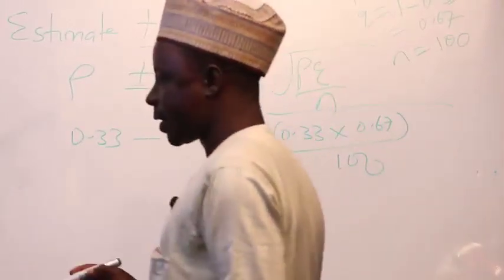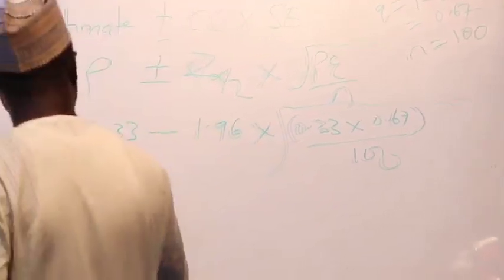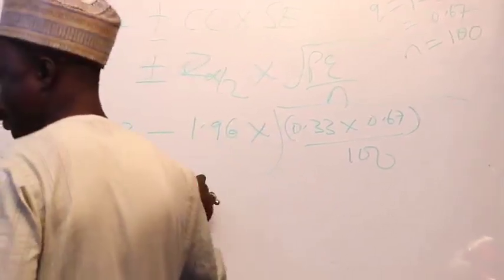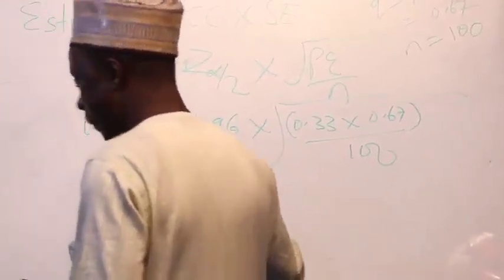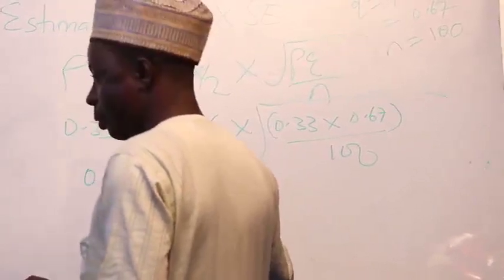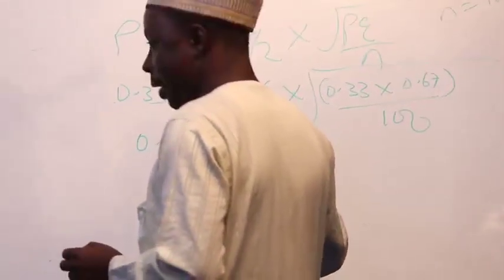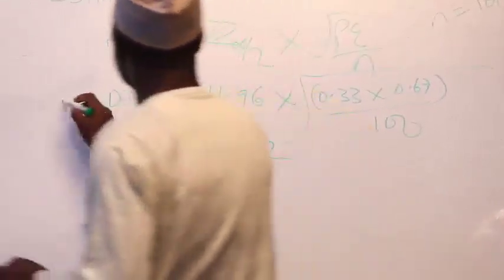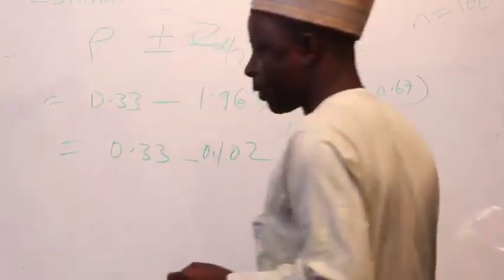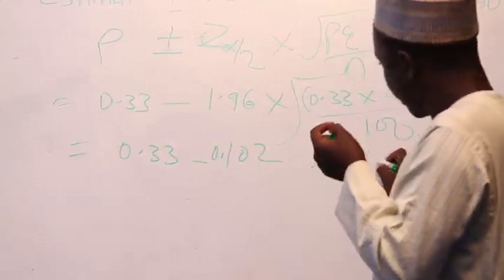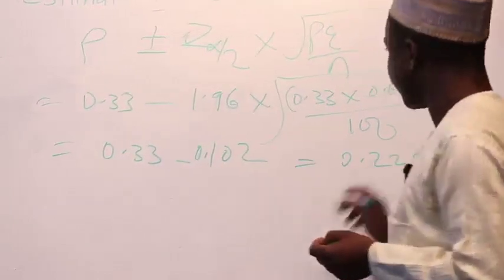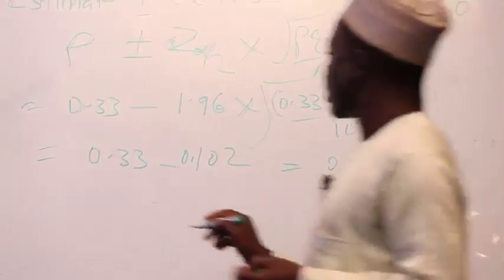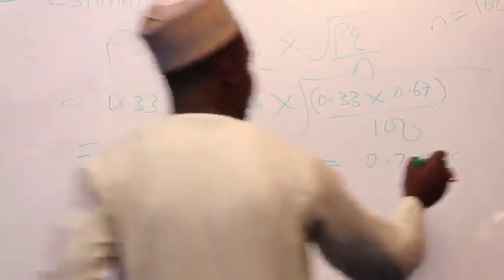This will give us 0.33 minus 0.102, which will give us 0.228 for the minus, and this will be the lower limit.